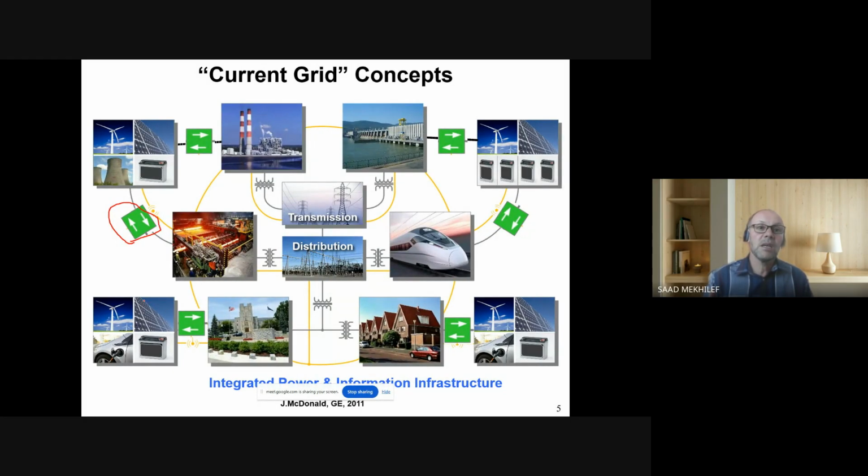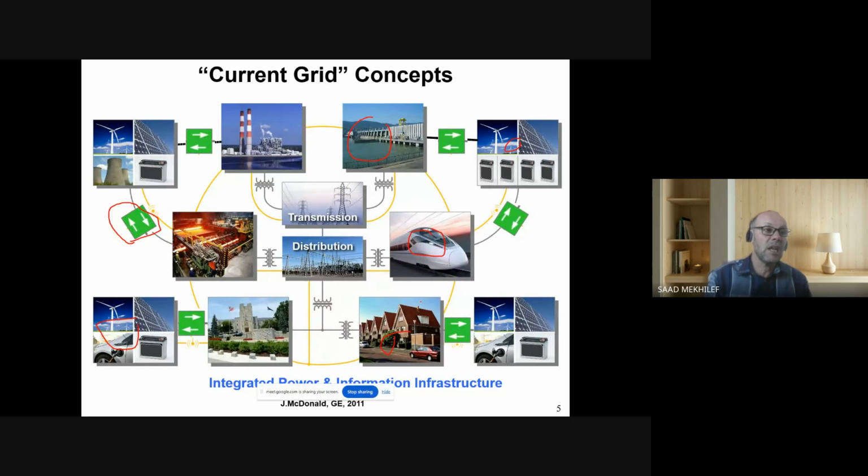The grid is now moving into this. That's why I put it between brackets, current. It means it's transforming. It's still not there yet, but this is the future. We will have a lot of renewables, nuclear, even gas and hydro power plants, solar, electric trains, electric vehicles, homes.